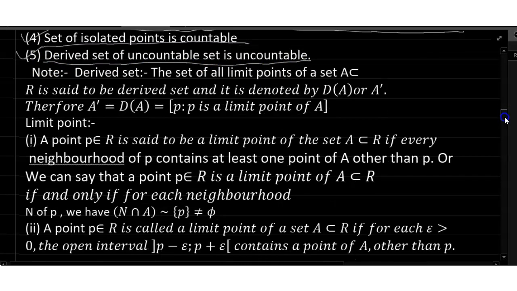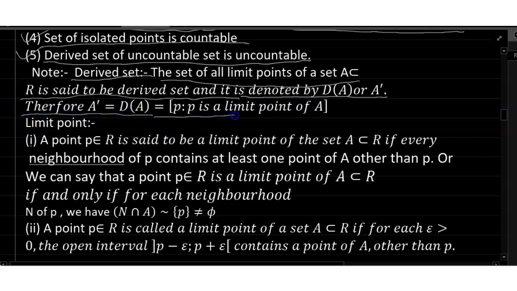So friends, let's discuss what a derived set is. The set of all limit points of a set A ⊆ R is said to be the derived set, and it is denoted by d(A) or A'. Therefore A' = d(A) = {P such that P is a limit point of A}.